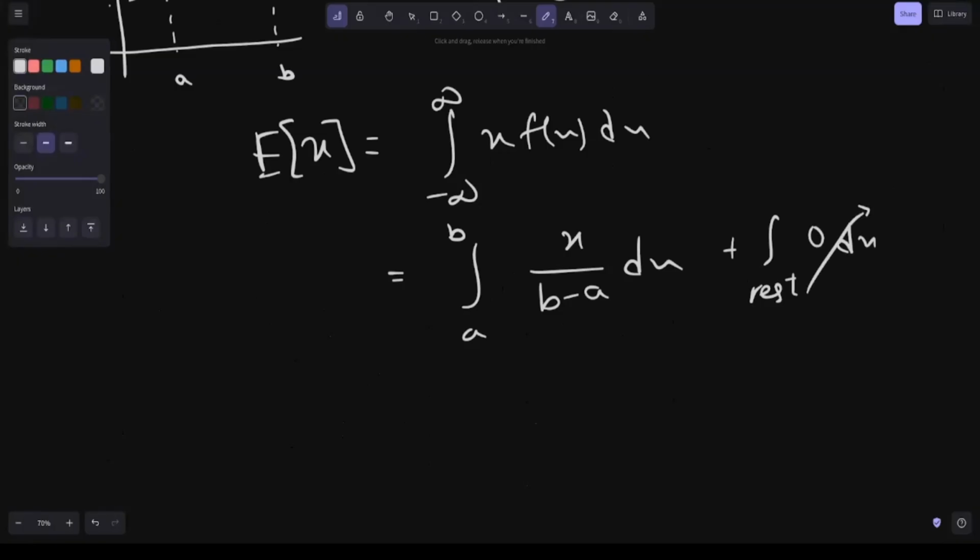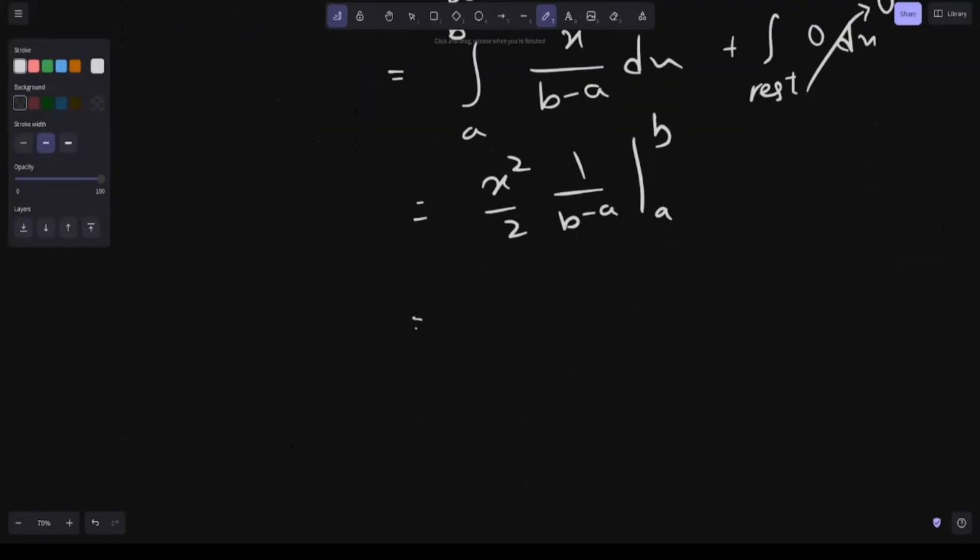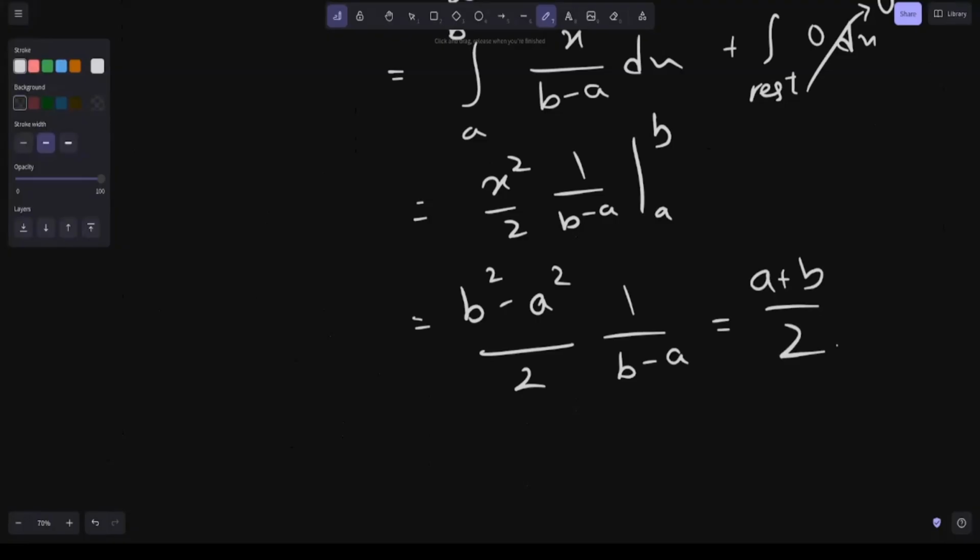So this will be x square by 2 times 1 over b minus a, from a to b. This comes out to be b square minus a square by 2 into 1 over b minus a. This is nothing but a plus b by 2.